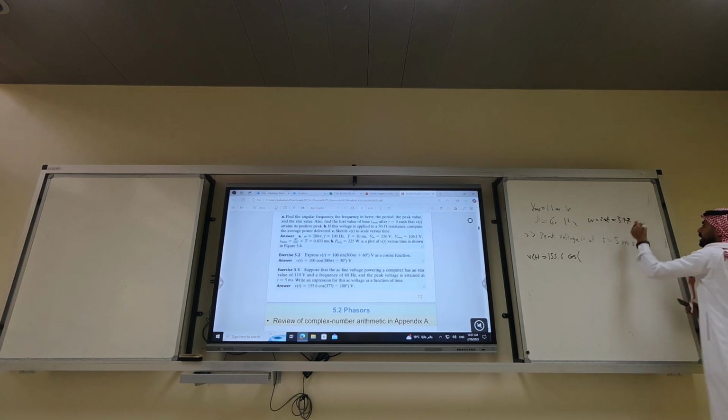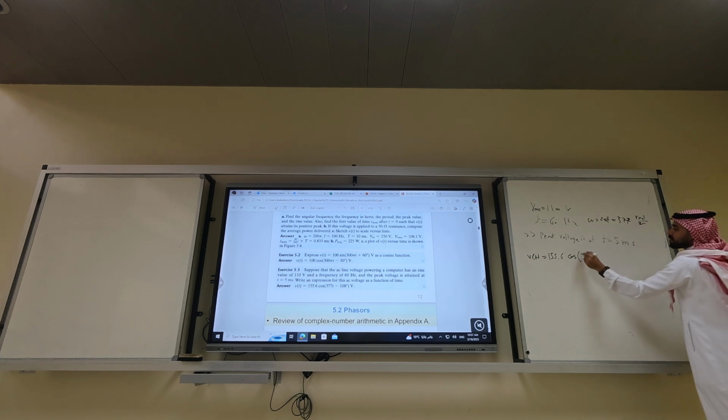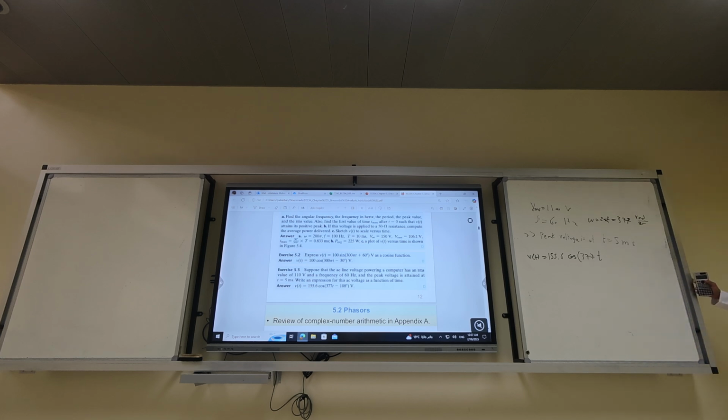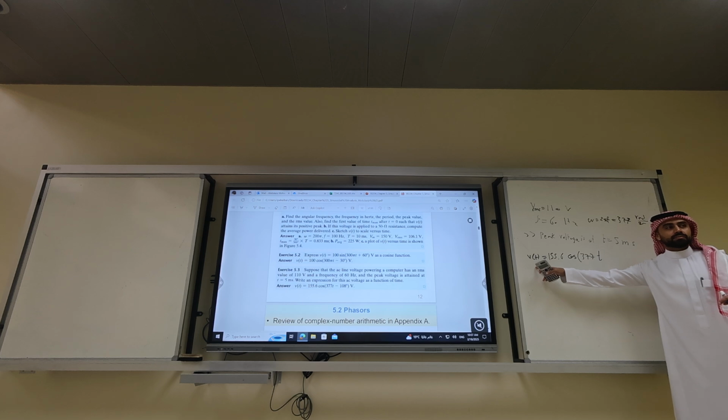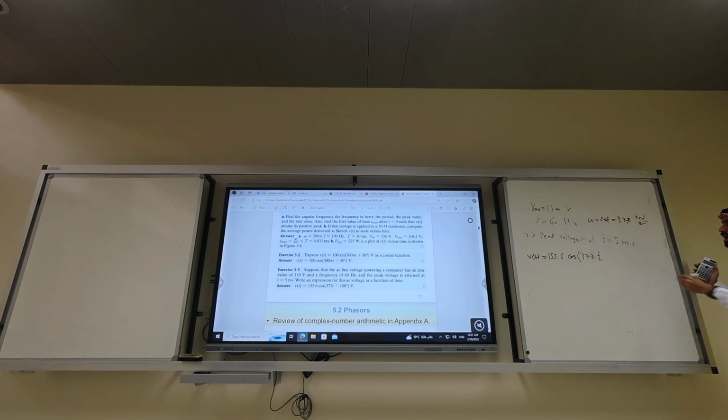What's the unit of omega? Radians per second. So 377 times t. You always keep the t, indicating that it's a function of time. Get it? And then we have to add the phase shift theta. We don't know what theta is.